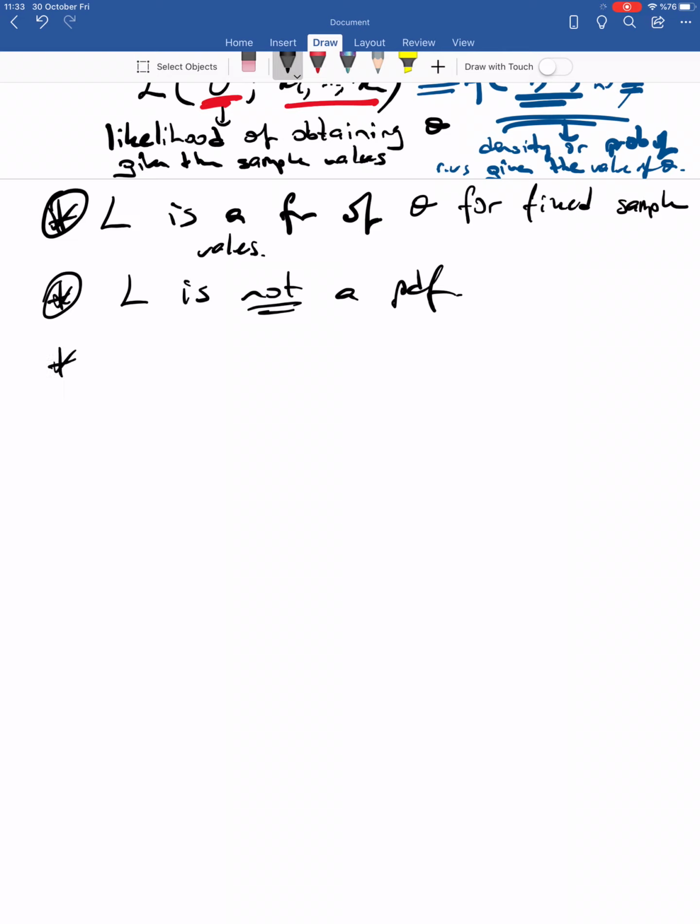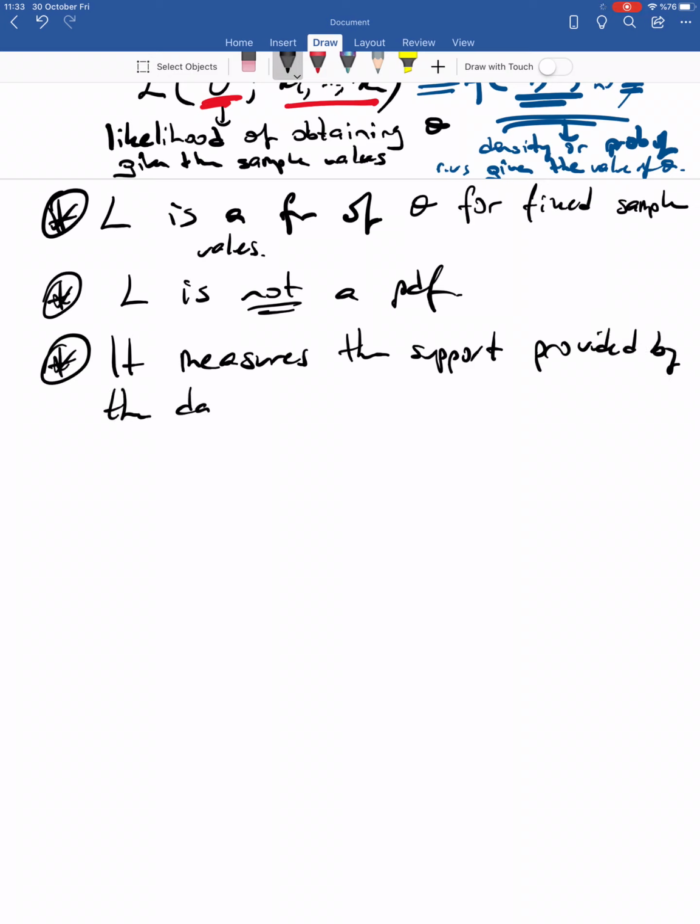Okay, and this is important, it measures the support provided by the data for each possible value of the parameter.